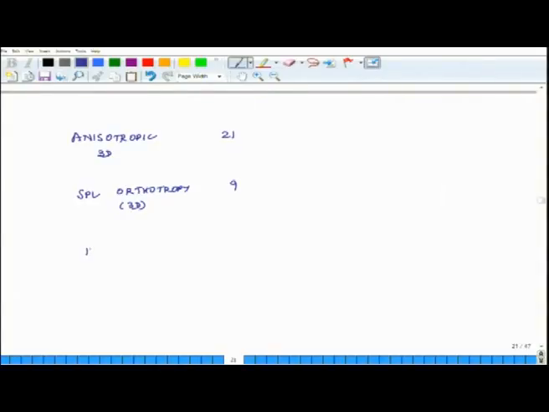Then we have in plane isotropy. So, the material can still be thick, so it is a 3D material.